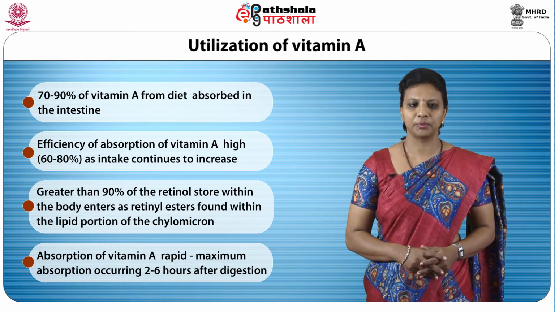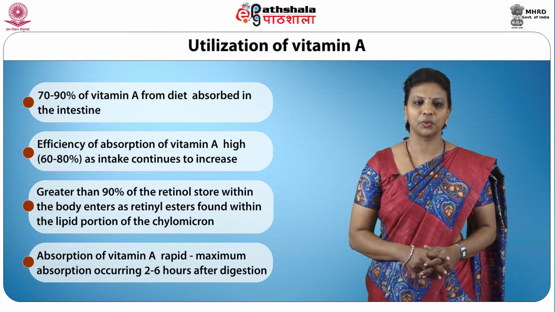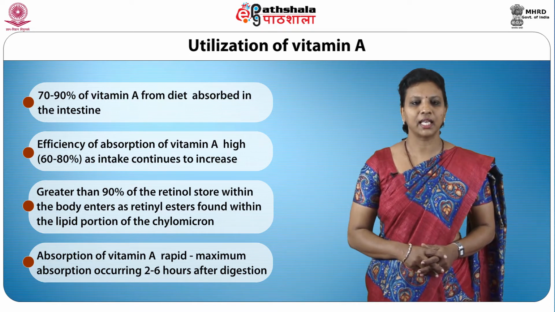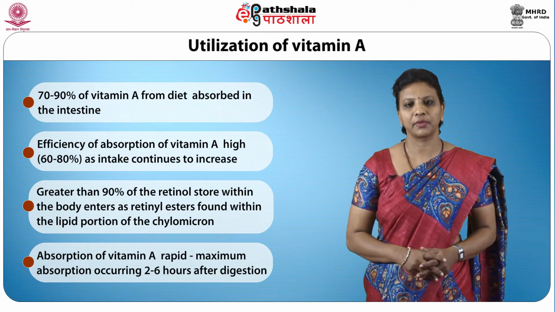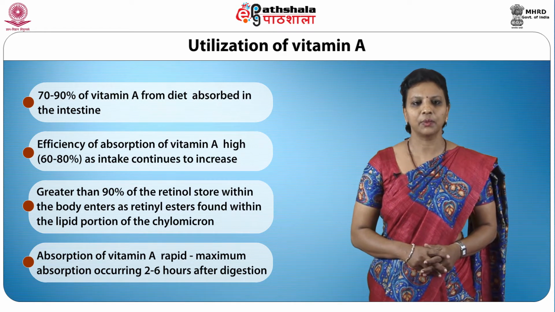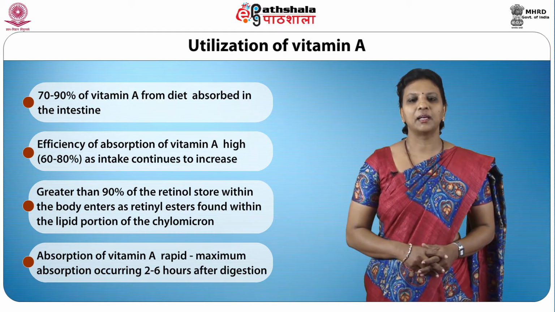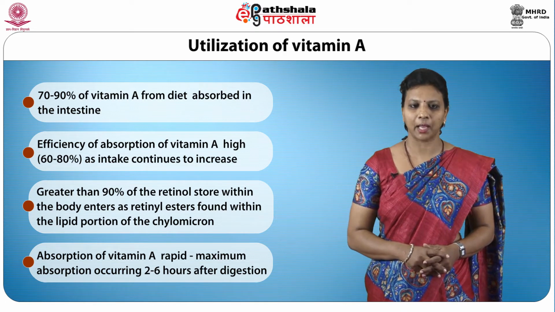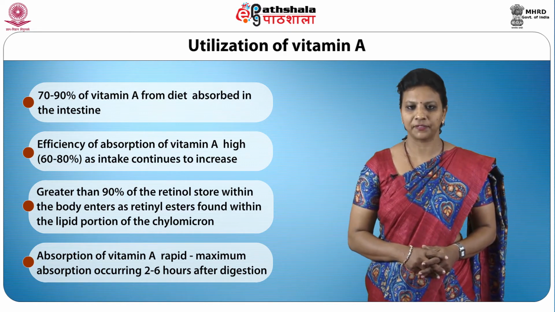The efficiency of absorption of vitamin A continues to be high, nearly 60 to 80% as intake continues to increase. Greater than 90% of the retinol store within the body enters as retinyl esters that are subsequently found within the lipid portion of the chylomicron. Absorption of vitamin A is very rapid, with maximum absorption occurring 2 to 6 hours after digestion.